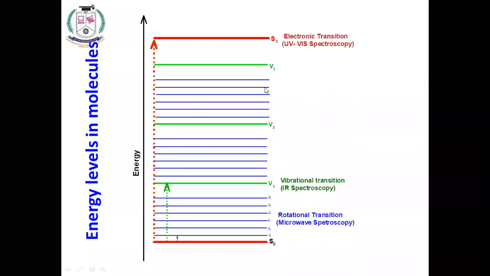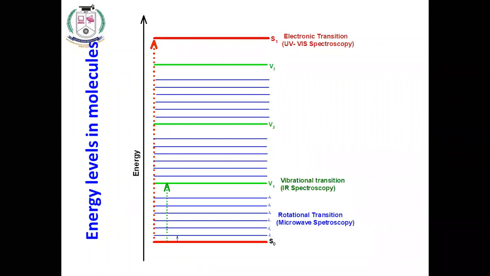We have taken only two energy levels, the ground state S0 and S1, and their vibrational and rotational energy levels. If an electron is moving or exciting from S0 to S1, and you are studying this type of electronic transition, that is known as UV visible spectroscopy.